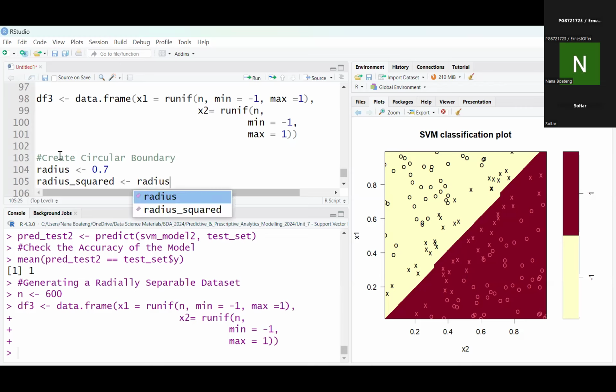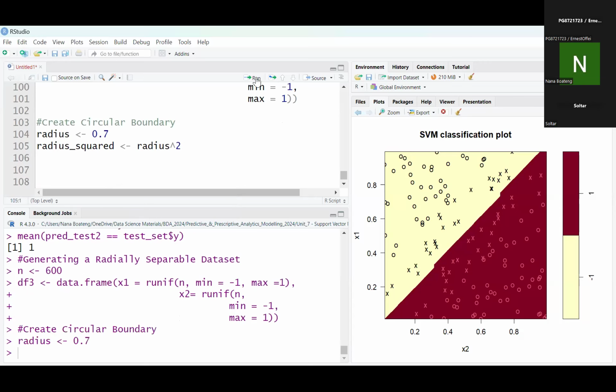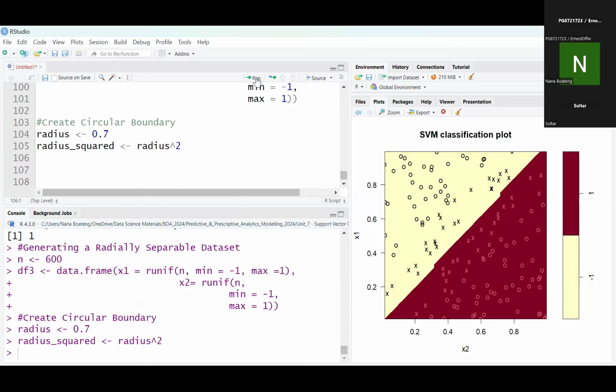So let's square it. Remember that we also have to create a factor.